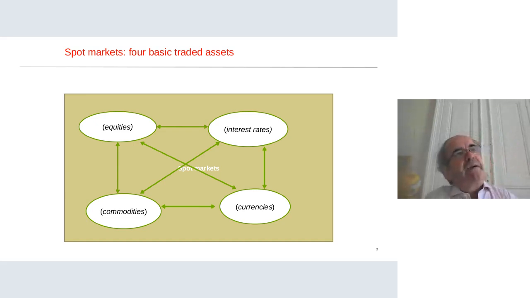And when we speak about commodities on the financial markets, we make the distinction between three classes of commodities. What we call energy commodities: it's oil, it's electricity, it's gas. Second class of assets, it's metals: gold, silver, copper, platinum.